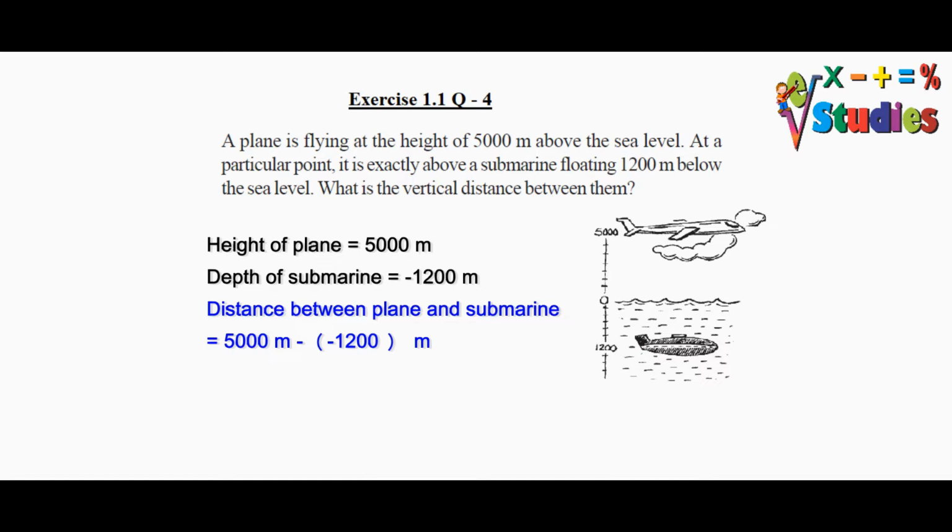So students, when there is a negative sign outside the bracket, the sign of the integer inside the bracket changes when you open up the bracket. Here we have a minus sign outside the bracket, and inside we have negative 1200.